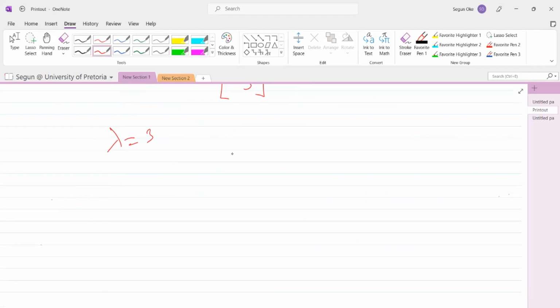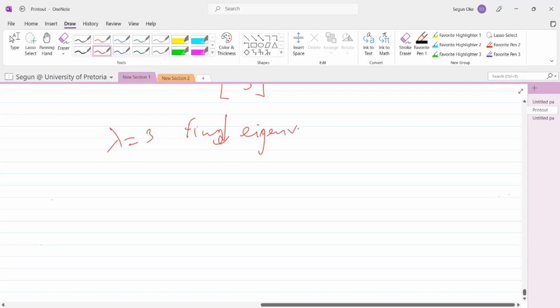They don't give you a system of equations. They have to find the eigenvector. Find the eigenvector when lambda equals 3. They give you matrix A equals 4, 2, 1, 7.